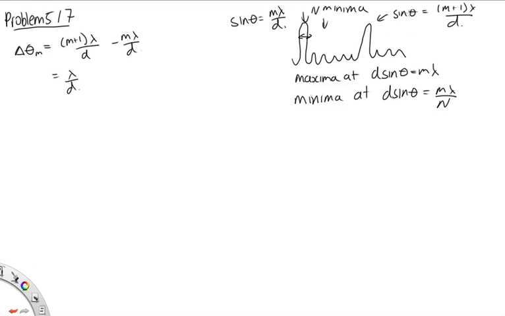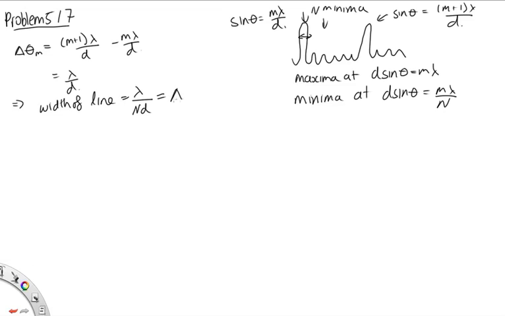And this is theta m plus 1 minus theta m, which gives us the angular separation between. But what we're trying to do is work out the width of this maxima, and we know that there's N of these here because there's the N minima. So that tells us that the width of this maxima, the width of the line, is equal to lambda over Nd.